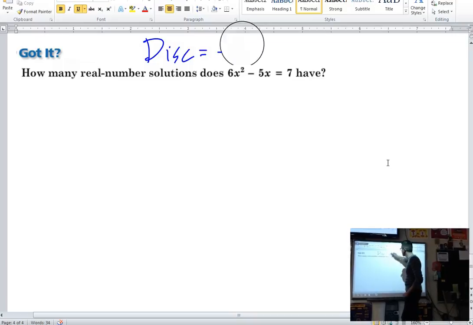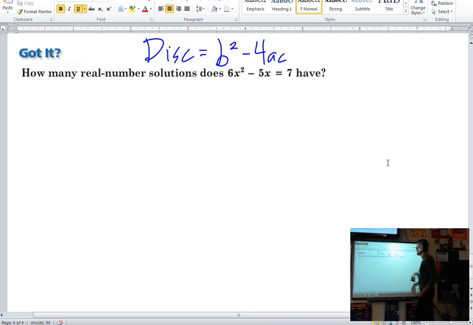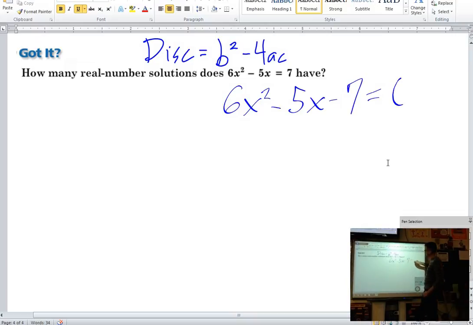I know we have to use the discriminant with this, but how do we know what numbers to put into it? So when we get to standard form, if I subtract 7 from both sides, and I get 6x squared minus 5x minus 7 equal to 0, then these values are really our A, our B, and our C. C doesn't get used in the axis of symmetry, but I do use A, B, and C all here because remember, A is the coefficient on your x squared, B is the coefficient on your x, C is your constant.